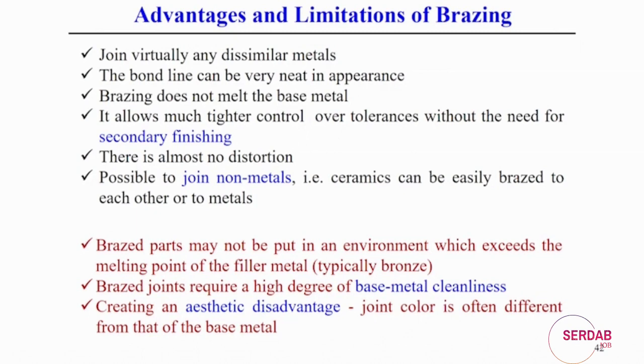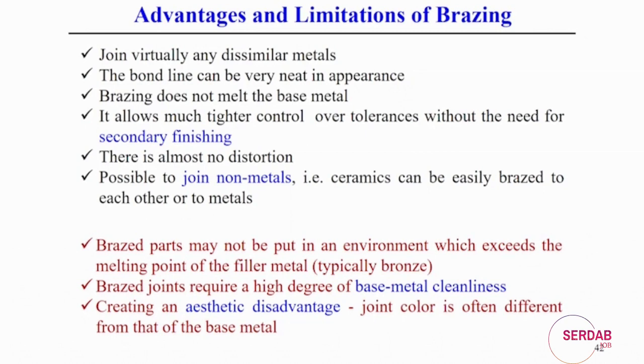The main thing is that in the brazing process it does not melt the base metal. Therefore, it allows much tighter control over the tolerance limit without the need for secondary finishing, which is sometimes needed in other welding processes.